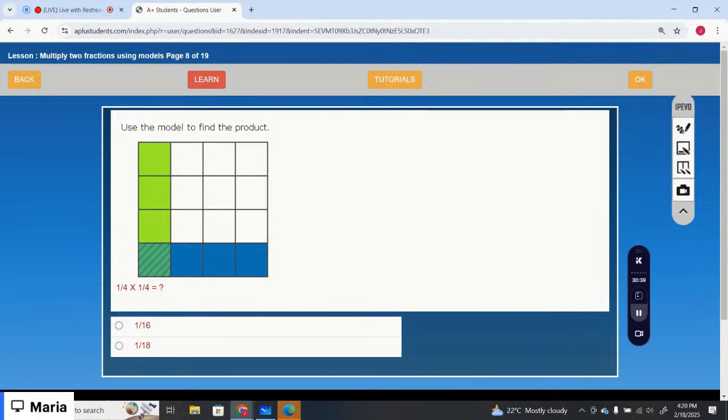So which is the correct option? That is 1 over 16.